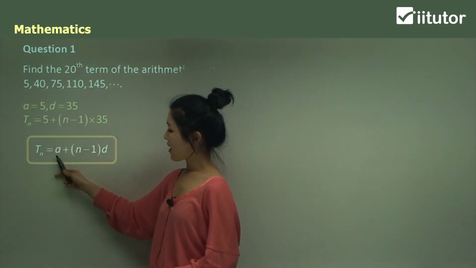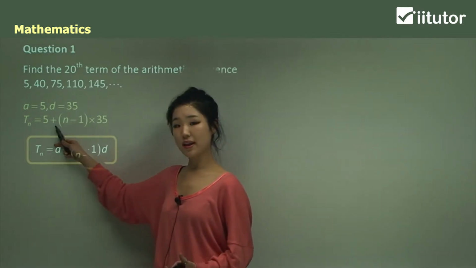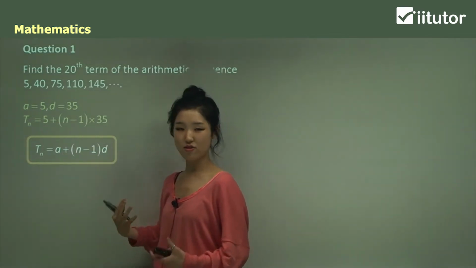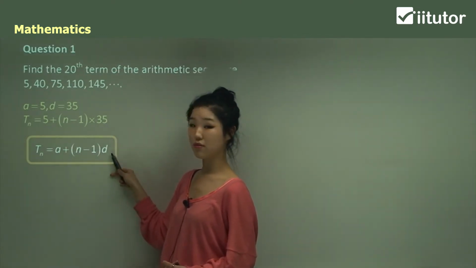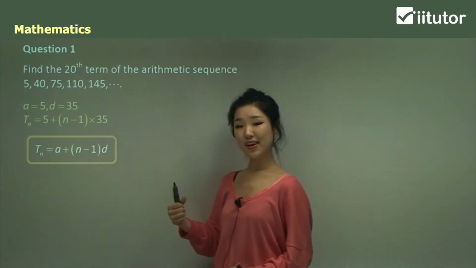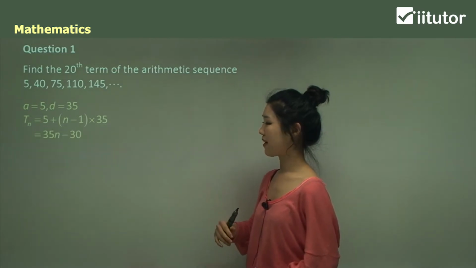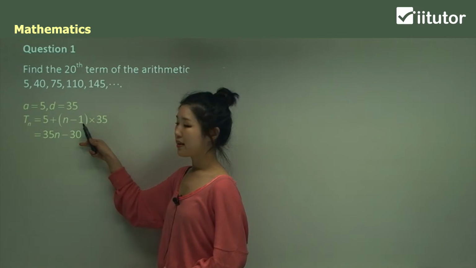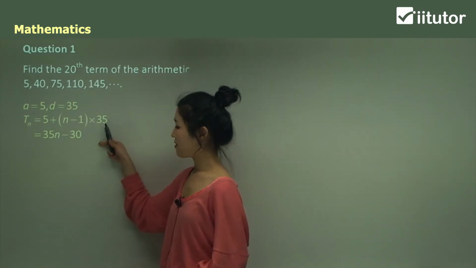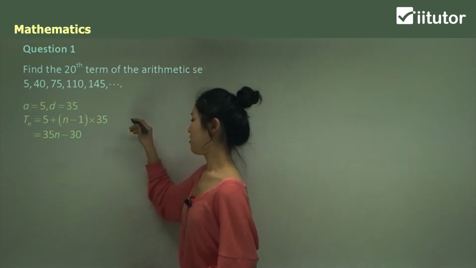So I've got 5 as A plus, I don't know what n is. Okay, I'm just going to find out my general equation first. I'm going to go n minus 1 times the common difference, 35. Okay, and then just simplify it like this. So look, 5 plus n minus 1 times 35, that's simplified to something like this. You can just simplify it, guys.